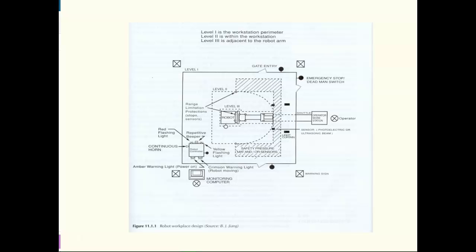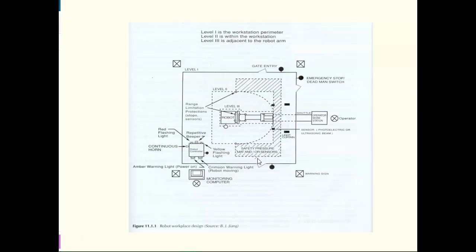You open that door, what does the robot do? It's going to stop immediately. Why? Because we want it to stop immediately. If somebody is going into the cell while the robot is still running, we don't want that. So right here is where you will generally find a door interlock.